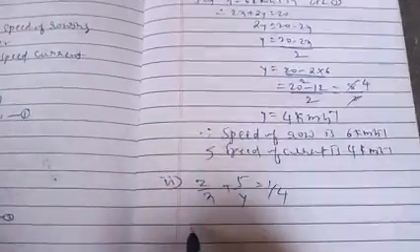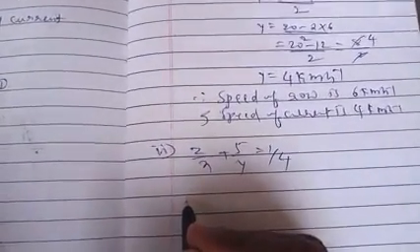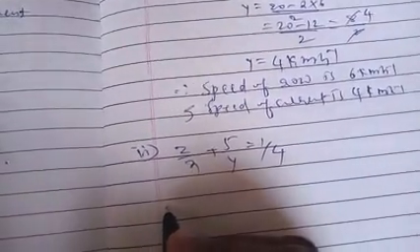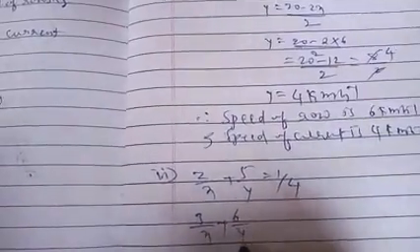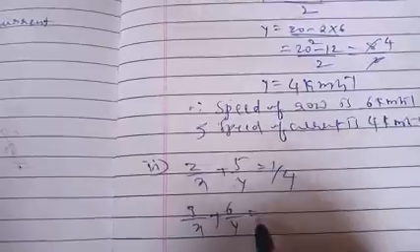This is equation number 1 of question number 2. The second algebraic representation is 3 divided by x plus 6 divided by y equals 1 divided by 3.